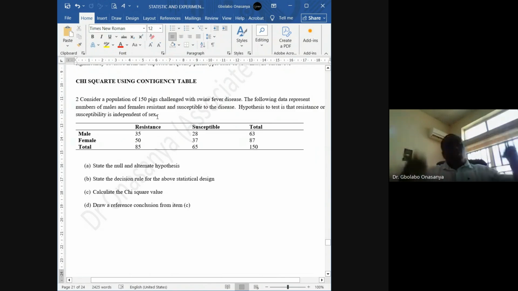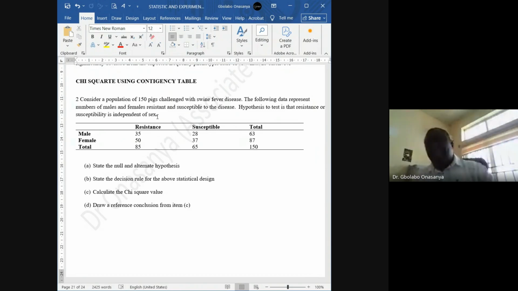So we want to know if resistance to infection or susceptibility is independent of sex, and we are given this data. The question is, state the null hypothesis and alternate hypothesis, state the decision rule, calculate the chi-square value and draw a conclusion.